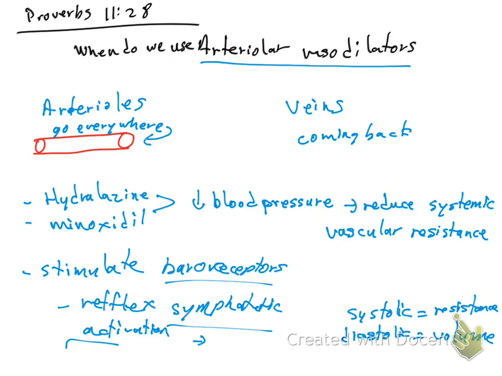They are rarely used as a monotherapy, so usually we use them in combination with other drugs. But in an acute situation where the elevated blood pressure is very severe, we can use them, and in combination we use them with sympatholytics.